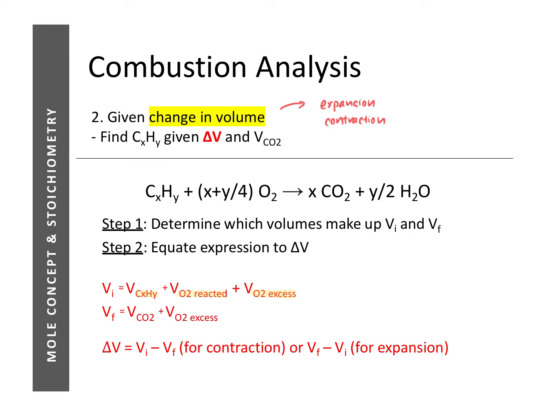So these 3 volumes would make up the total initial volume, and after combustion, the volumes of gases that make up the final volume will be that of your carbon dioxide produced as well as the unreacted oxygen gas.